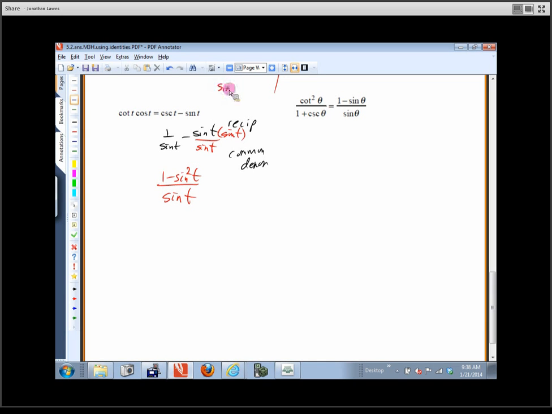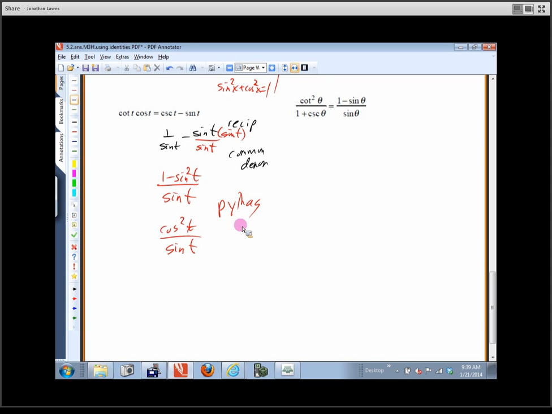If you visualize this, I write it on the board a lot, but I'm hoping you just visualize it. If I move the sine squared to the other side, I have 1 minus sine squared, and 1 minus sine squared is cosine squared. So I'm going to write cosine squared t over sine t, and I did that by way of a Pythagorean identity.